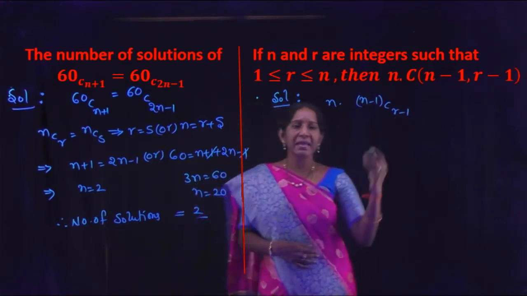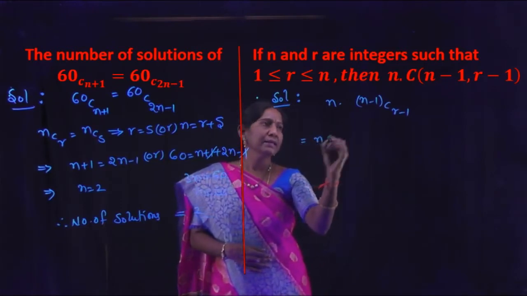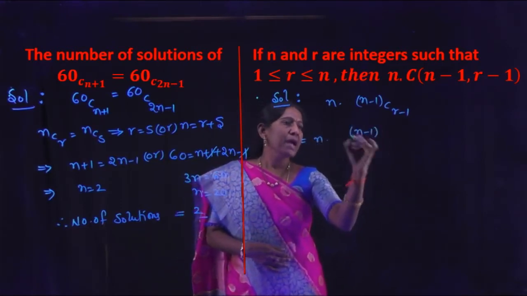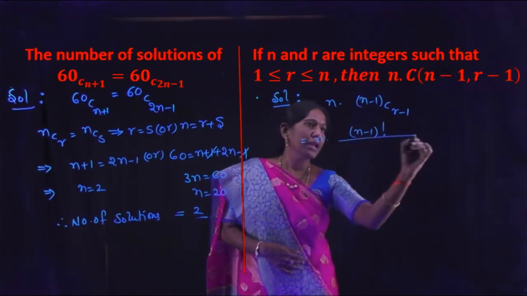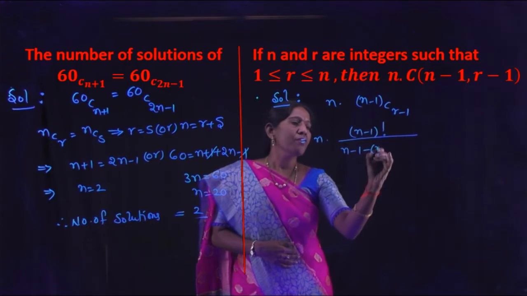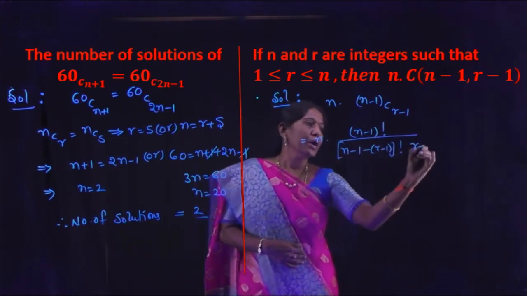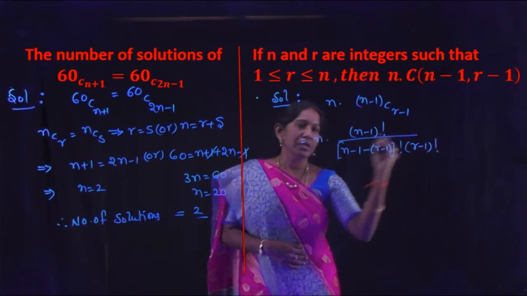Now, by applying the nCr formula here, then we can write n into (n minus 1) factorial by (n minus 1 minus of r minus 1) factorial into (r minus 1) factorial.